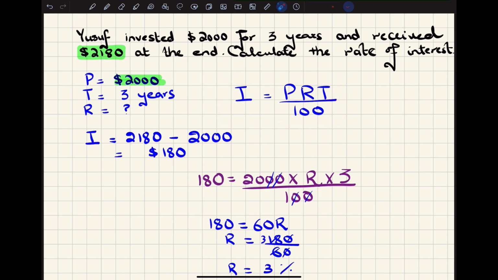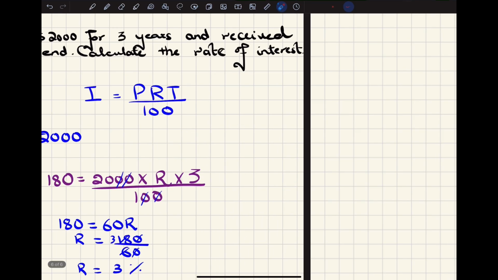They might give you the interest rate, time, and amount of interest, and you might have to find the principal amount. But in one way or another, this is the formula that is going to be used. So just memorize it, and that should be all for simple interest.